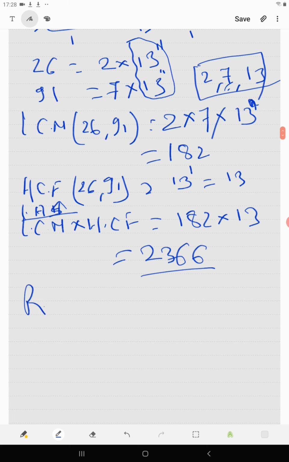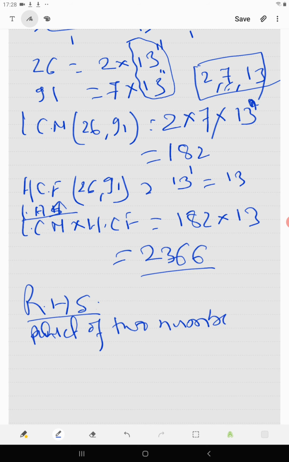So RHS is product of numbers. Product of two numbers will be equal to 26 into 91.